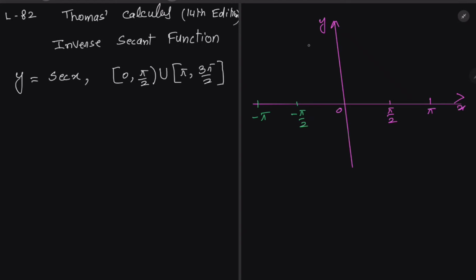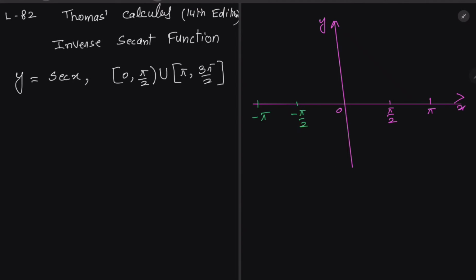It cannot cross minus pi by 2. The reason is y can be written as 1 over cos x. When we put cos x equal to 0, this becomes discontinuous and goes to infinity. So pi by 2 and minus pi by 2 are the walls which secant x cannot cross.